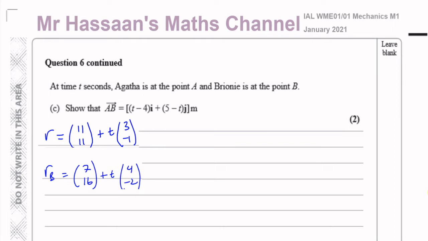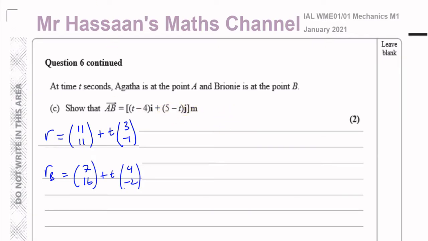Now for part C, it says at time T seconds, Agatha is at the point A and Briony is at the point B. Show that the vector from A to B is given by this expression, T minus 4 i plus 5 minus T j.